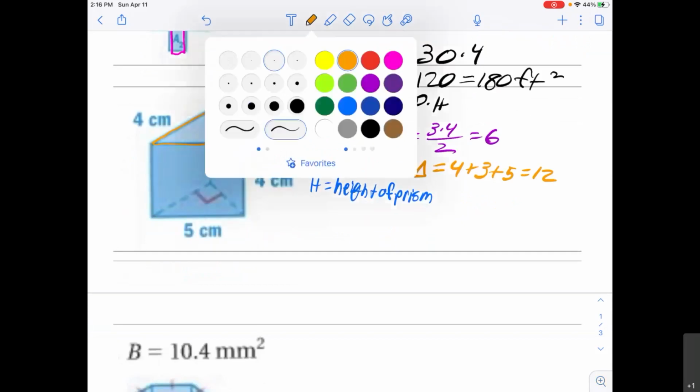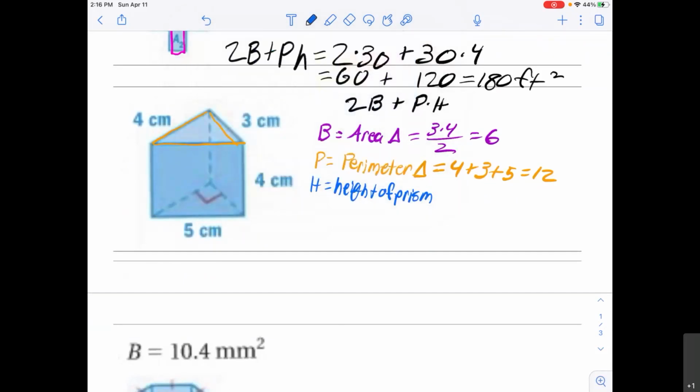And then my height, well, my height is a number that's not part of the triangle. I see here, that's part of the rectangular sides, and it's not part of the triangle, and that length is 4. So my height is 4.